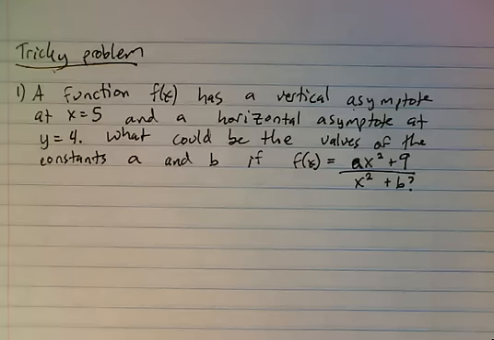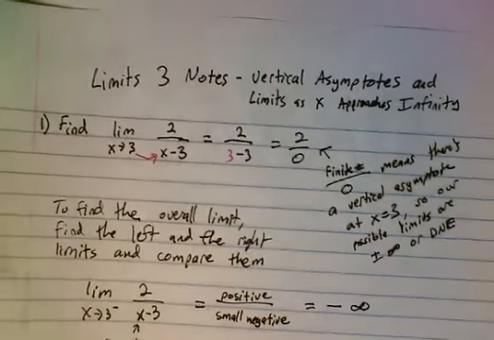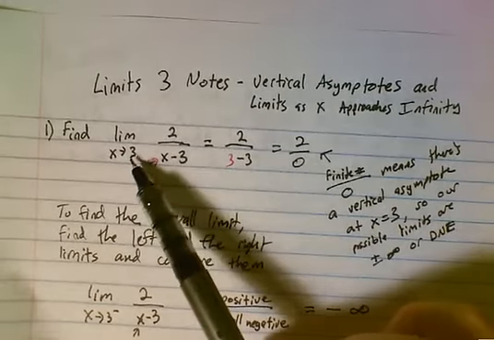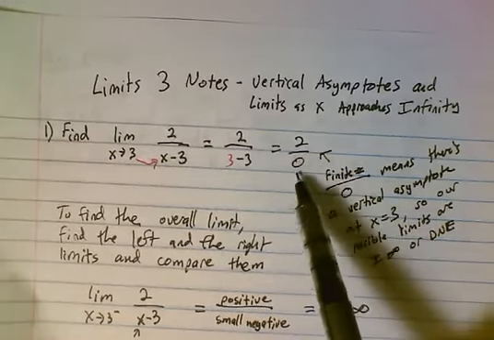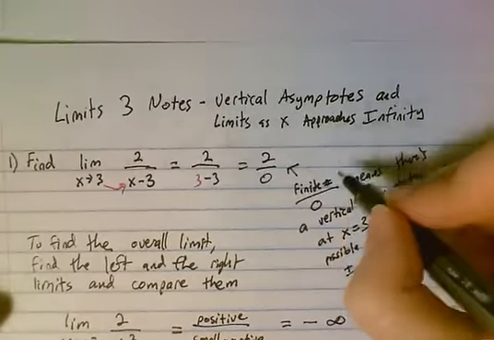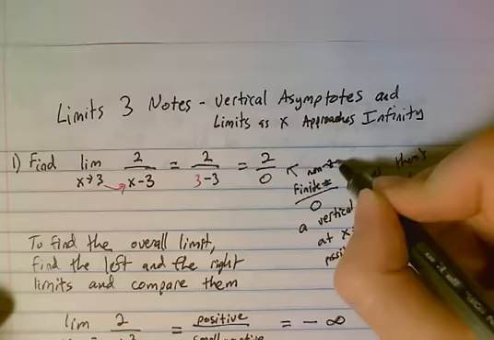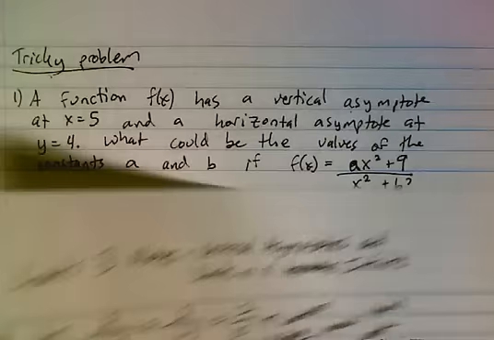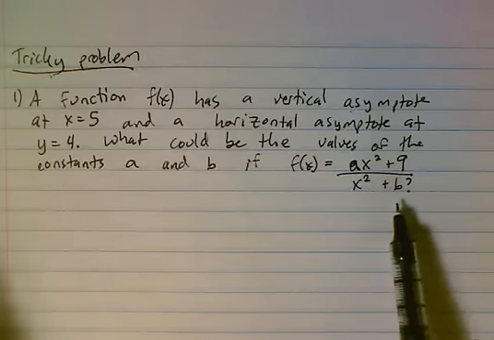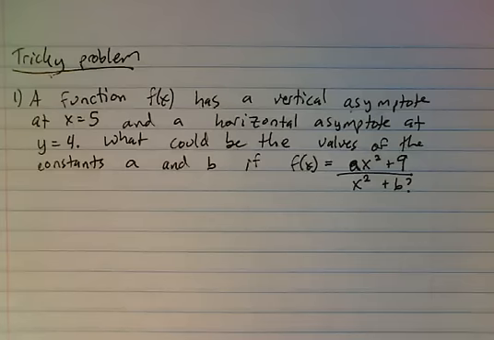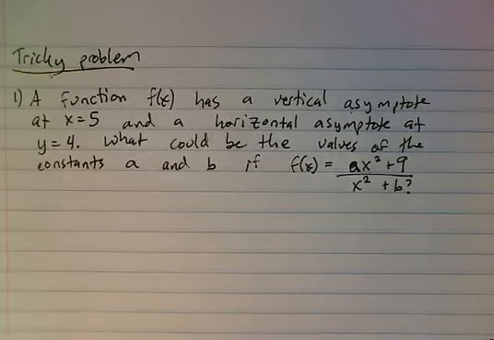So let's think back to what was going on in this lesson. When we first started out, we knew that we get a vertical asymptote at x equals 3 because when we plug it in, we get a finite non-zero number divided by 0. So if we have division by 0, then we would have a vertical asymptote there as long as the numerator wasn't also 0.